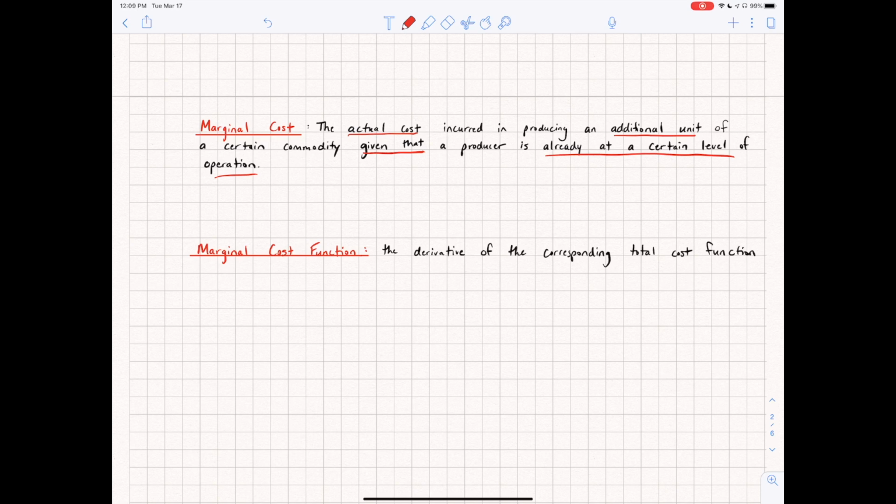To figure out the actual cost of producing an additional one, we found the marginal cost function, which we defined as C prime, and then we evaluated it at our production level. This is how we can figure out marginal cost and make production decisions based on the data that we receive.